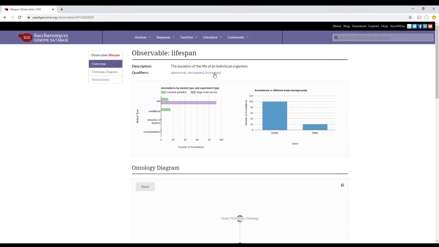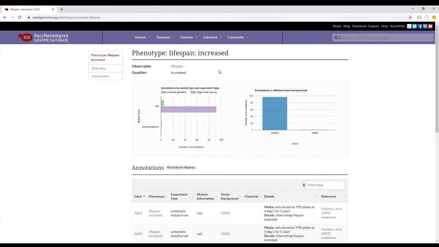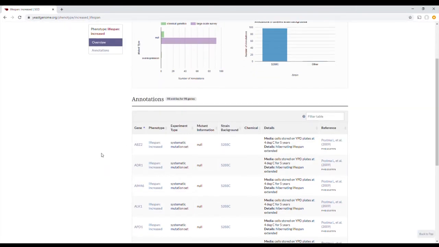I'm going to click on increased lifespan because that's going to narrow my search from just something that changed the lifespan to an increase in the lifespan. Okay. Now, what this gives me is all of the different genes that have been implicated in causing a change in the lifespan of a yeast cell.